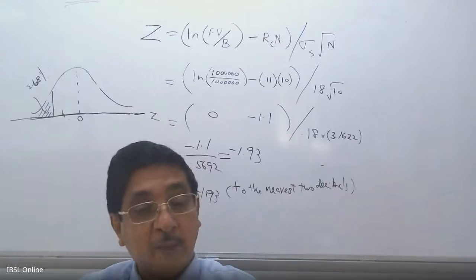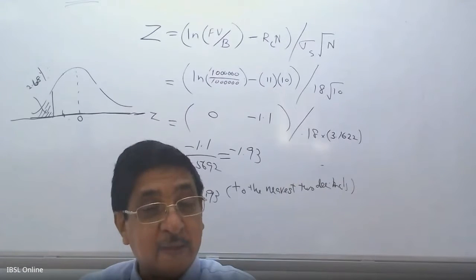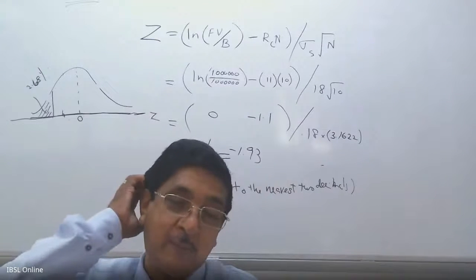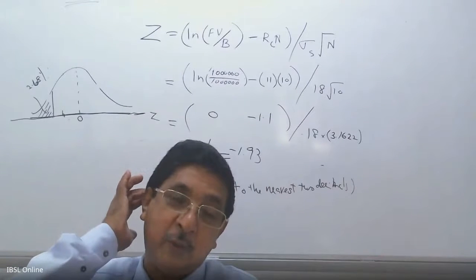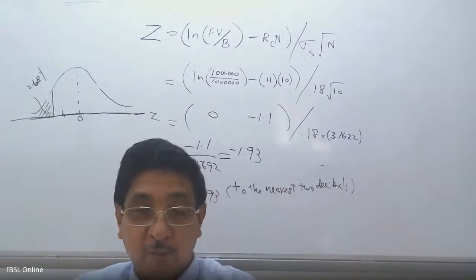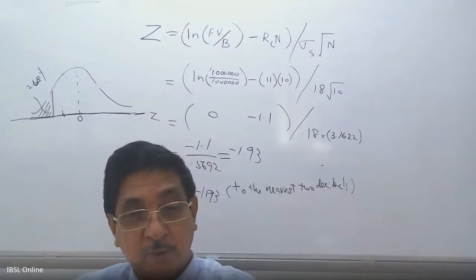So how can you get the market return calculated? S&P 500 returns are given, and you have to get the arithmetic mean of S&P 500 returns. By that, you get the market return, and then you have RM minus RF. RF you have already calculated, that is 6.2. So in order to get the beta, you need to calculate these things also.